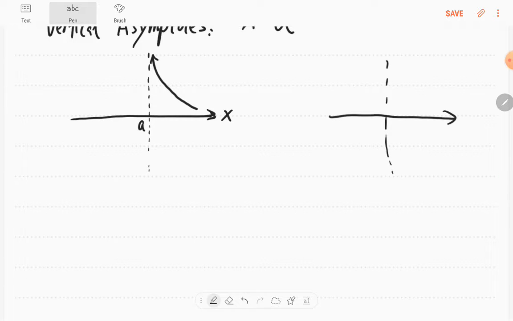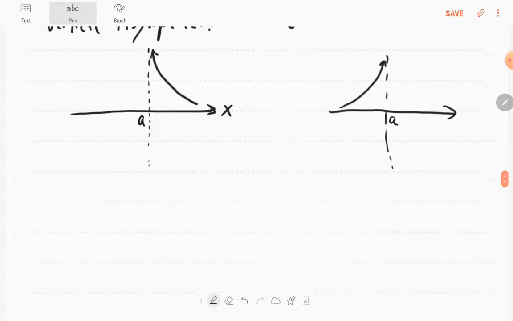Or you can have this one. When x approaches A, x equals A, from the left side of A, less than A, it will get close to this dashed line, but it will never cross or touch this dashed line.